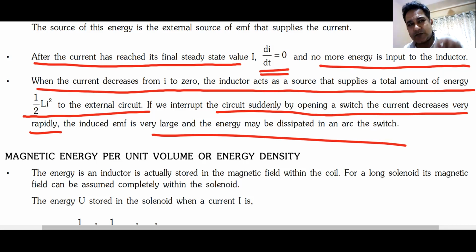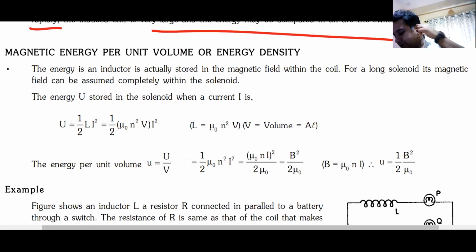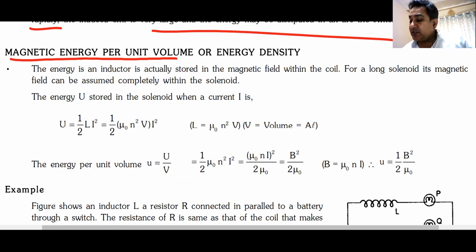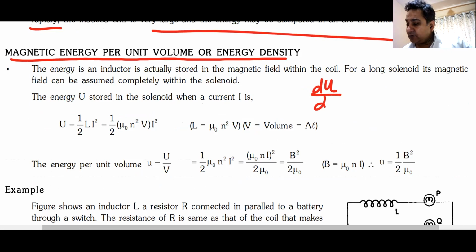In case of a capacitor, when it is getting charged, it is storing energy. When it is getting discharged, it is giving back energy. In case of an inductor, when the current is increasing, it is storing energy. When the current is decreasing, it gives back the same amount of energy. Yes or no? Yes, sir. Now, as we saw, the magnetic energy per unit volume, du by dv.